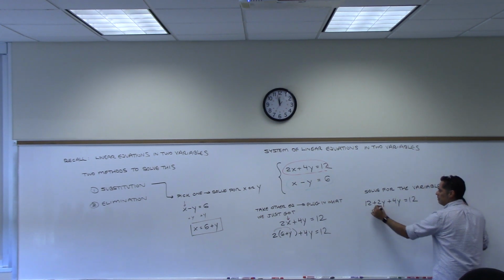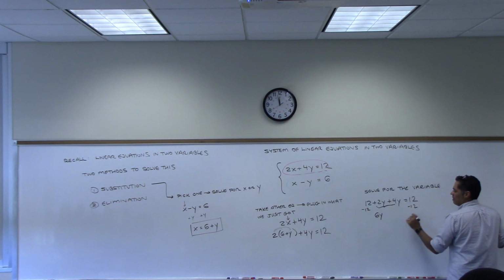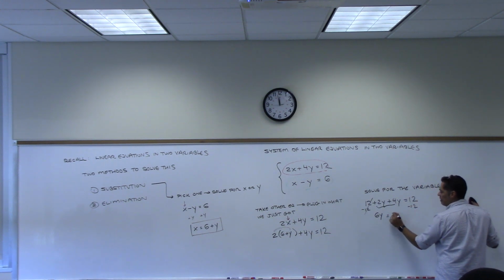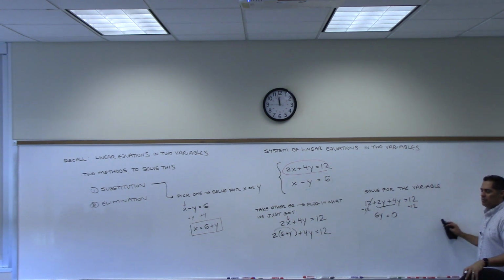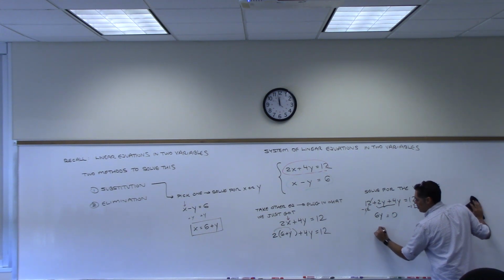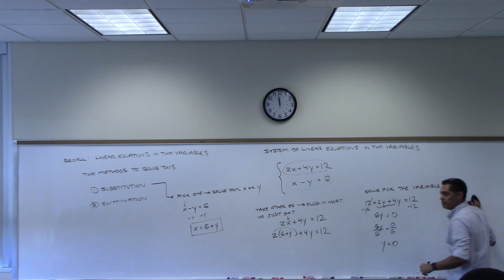I can subtract 12 on both sides. When I subtract 12 there, it goes away. On the right side, 12 take away 12, I get 0. And then y must be what? Divide by 6. You get y is 0 divided by 6, which is 0.